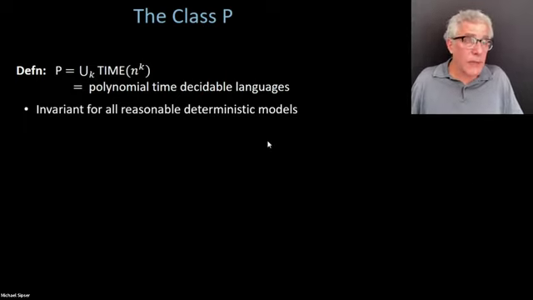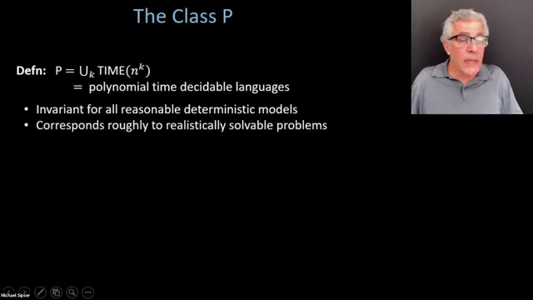The other thing that makes P important is that P roughly corresponds to the problems that you can solve in some reasonable practical sense. Not exactly. Problems that require n to the 100th time, you could argue cannot be solved in any reasonable sense.